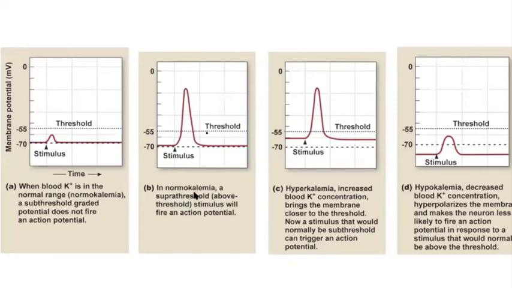Kalemia, right, means the level of potassium in your blood. This is just a clinical note. Remember, if you have a certain potassium level in your blood, it's going to be in the interstitial fluid surrounding the cell. So when you have a normal range, this is keeping your nerve cells at -70.